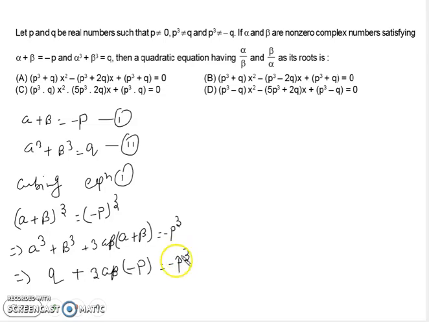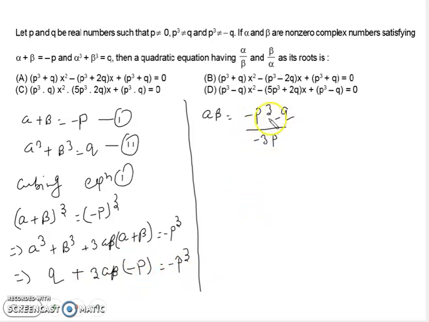Now we can find alpha into beta. So alpha beta equals minus p cube minus q, and after sending it, minus 3p in the denominator, so we can write here minus 3p.